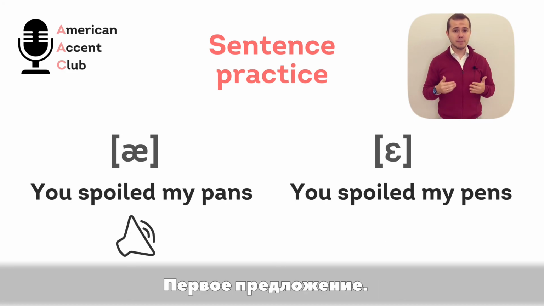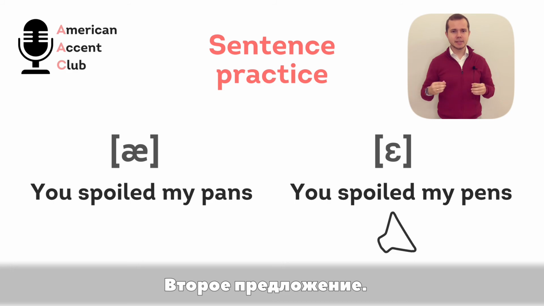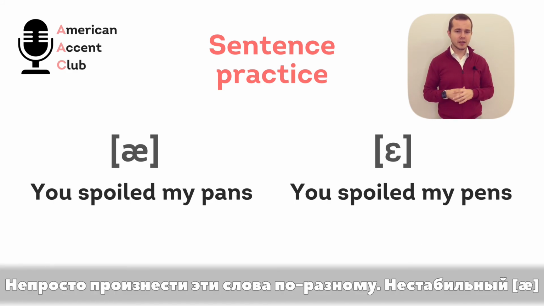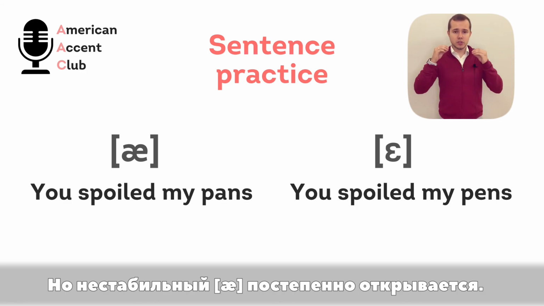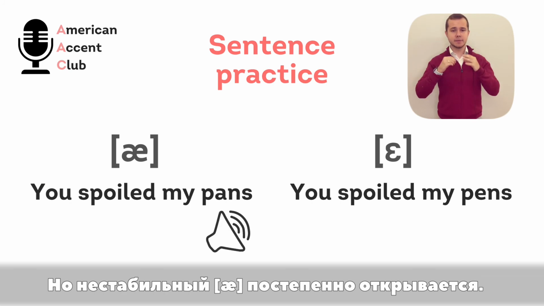You spoiled my pans. And the second one. You spoiled my pens. It can be really challenging to strike the difference here because the unstable a starts exactly where the e sound is. But you start with e and then you gradually open it. Pans, pans.